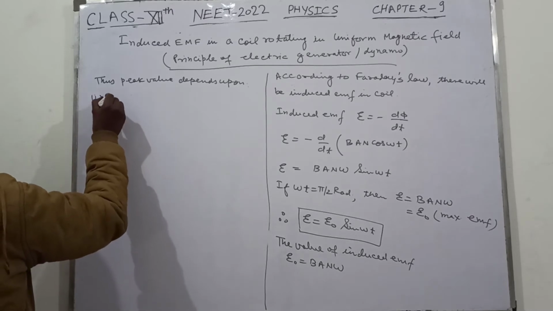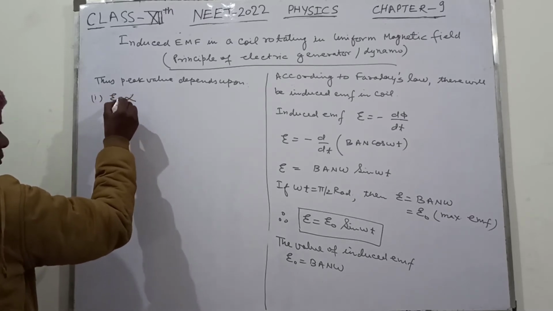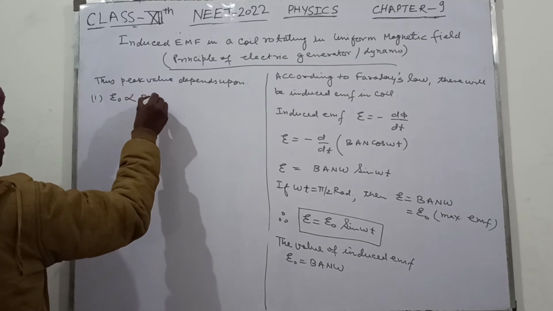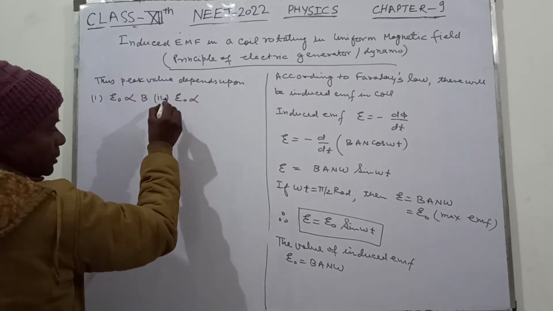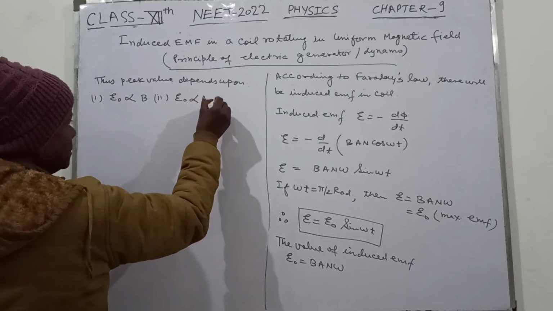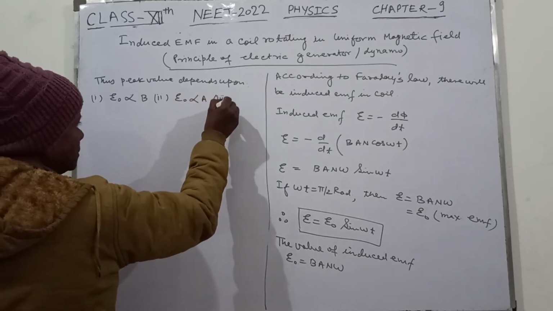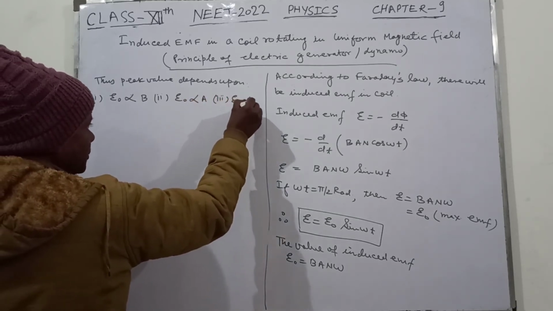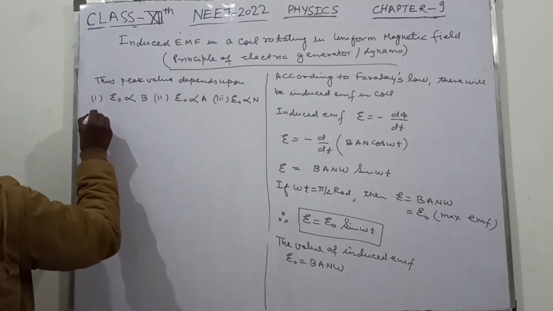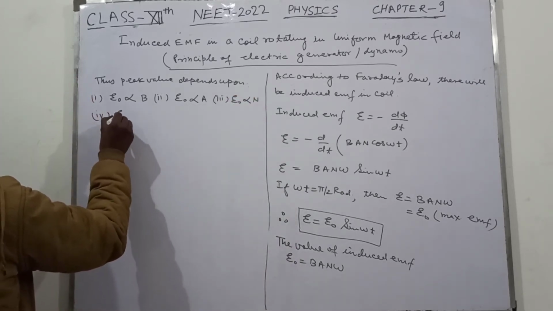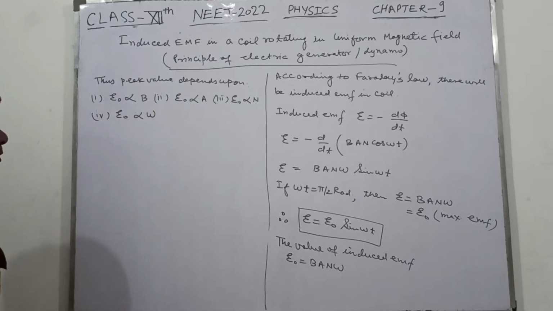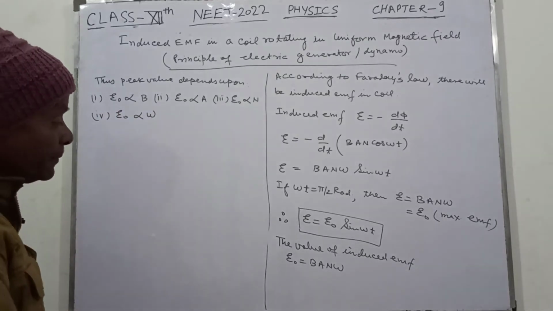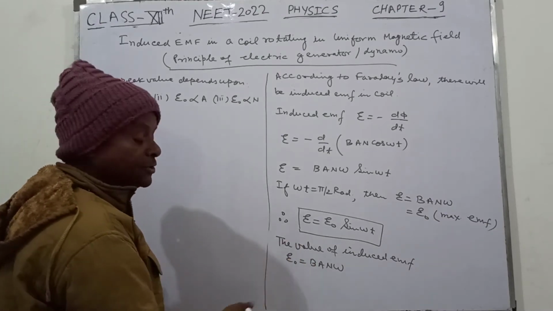This E naught is proportional to B. Second, E naught is proportional to A. Third, E naught is proportional to N. And fourth, E naught is proportional to omega, the angular velocity. So if angular velocity changes, then this E naught will change.